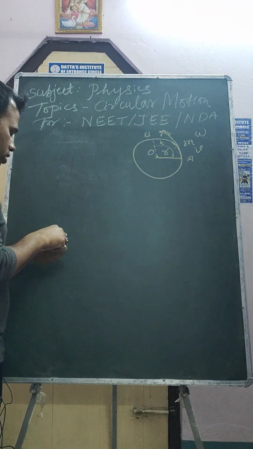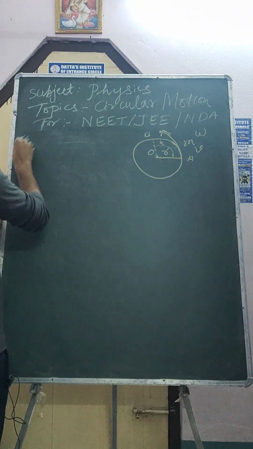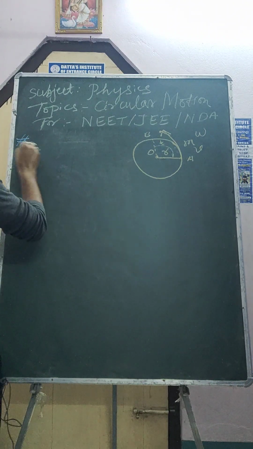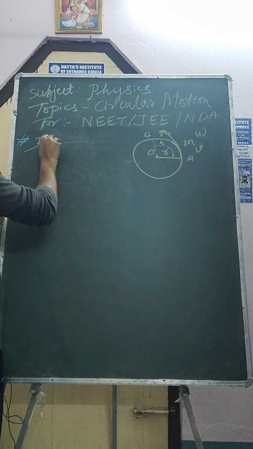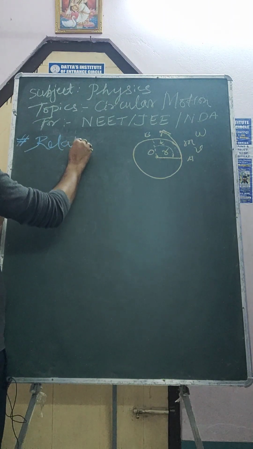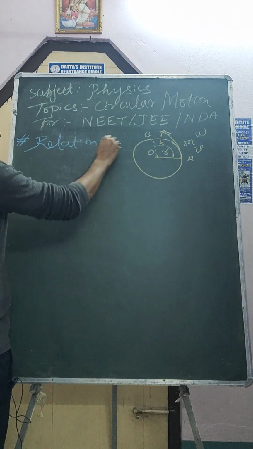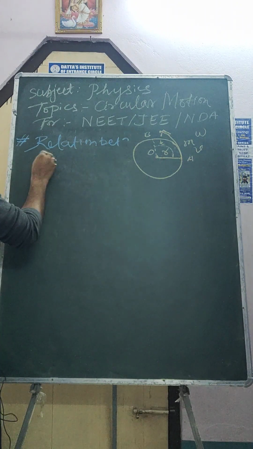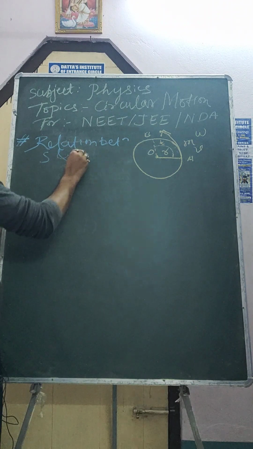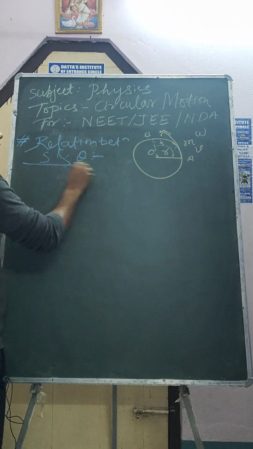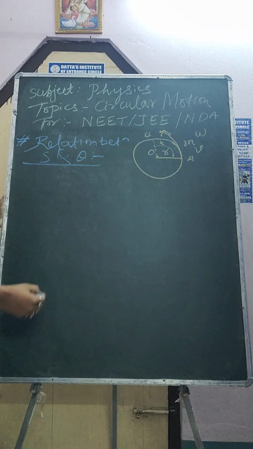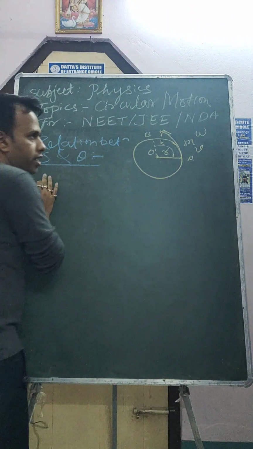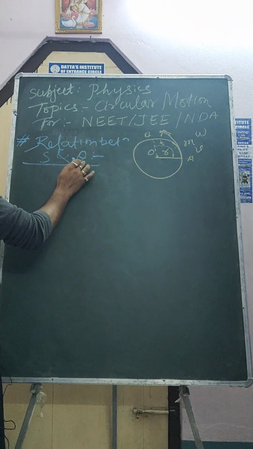What are the relations here? We will get the first relation between s and theta. S is linear displacement and theta is angular displacement.